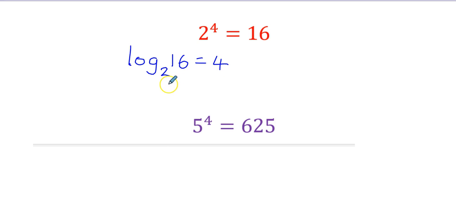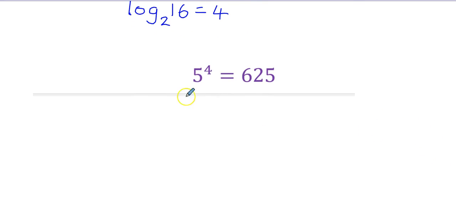And clearly we see 2 to the power of 4 equal to 16 here, right? Very simple. So log base 2 of 16 is equal to 4. That is the logarithmic form of 2 to the power of 4 equal to 16.